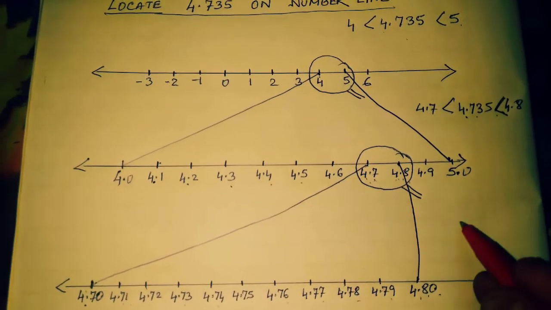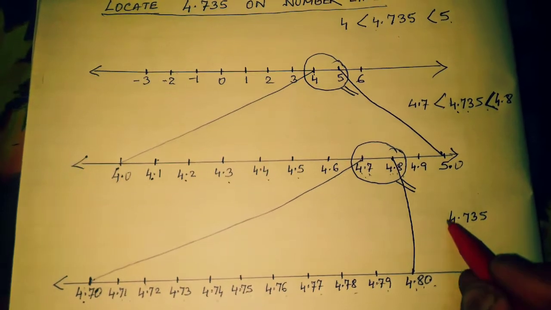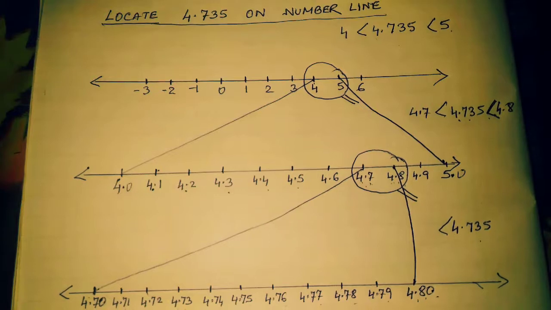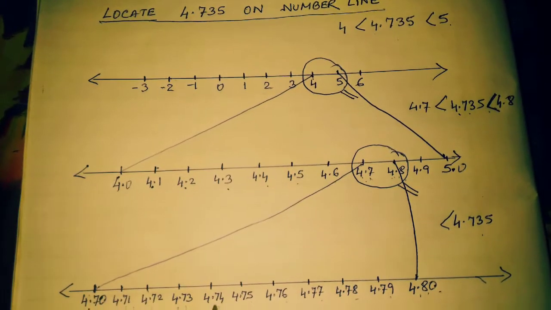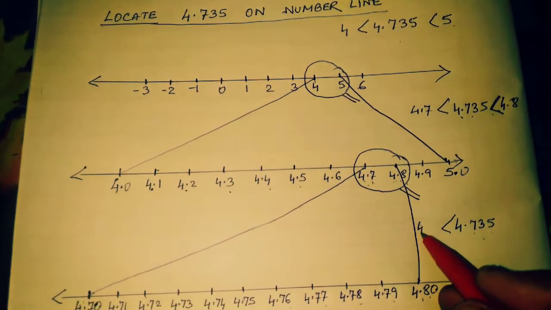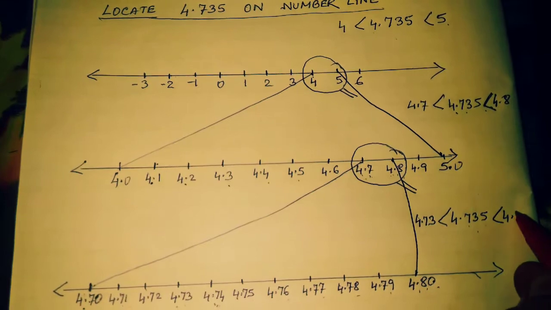So again if you see here, this number 4.735 lies between 4.73. So where is 73? Here is 73. And here is 4.74. That means this 4.735 lies between 4.73 and 4.74.